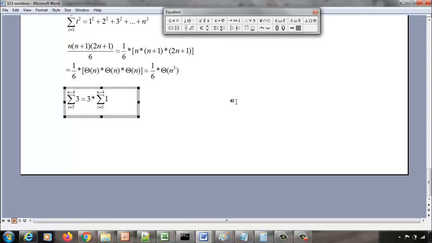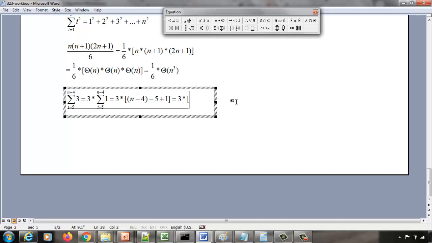And now what we can do is, since it's a 1 inside the summation, it's a constant, we can apply the upper limit minus lower limit formula. So it's going to be n minus 4 minus 5 plus 1, and that is 3 times n minus 4 minus 5 is negative 9, plus 1, that is negative 8.